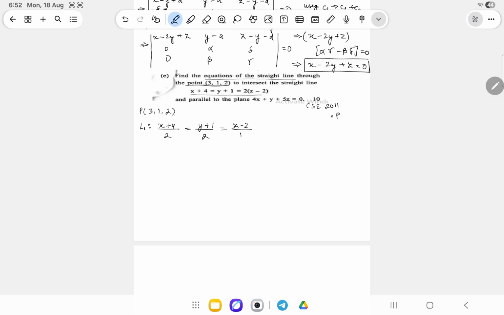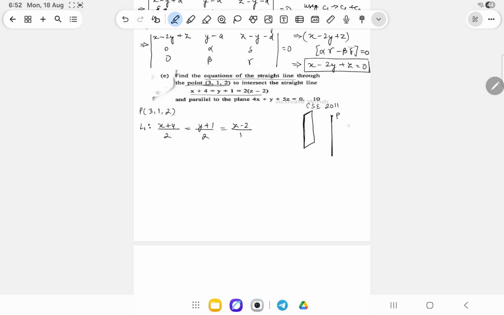So the line via point P is parallel to the given plane. Let me assume my given plane be this. Any line passing via P which is parallel to the plane will be something like this. Further it says that this straight line passing via P intersects the straight line L1.